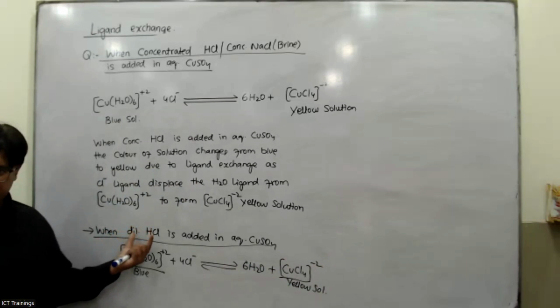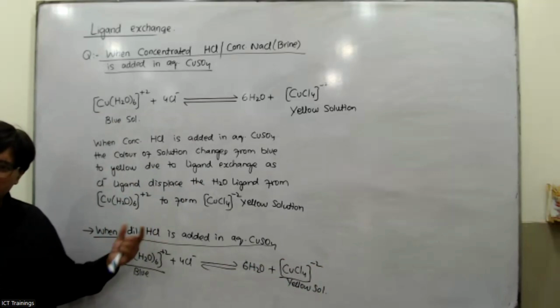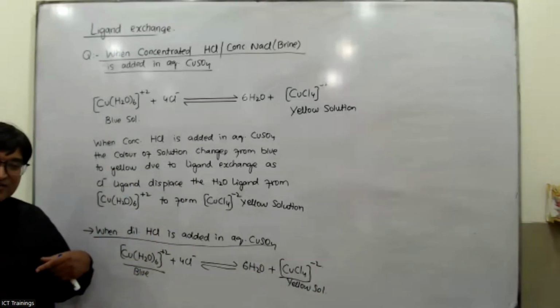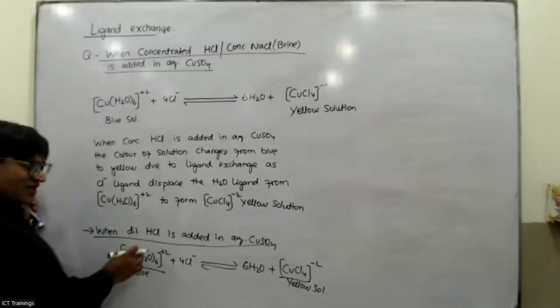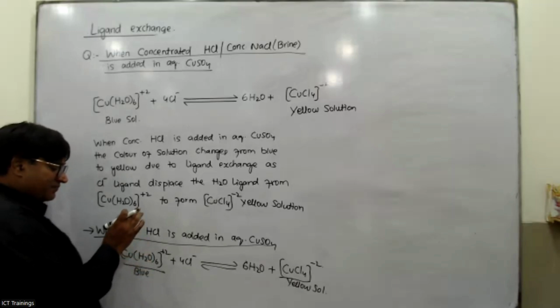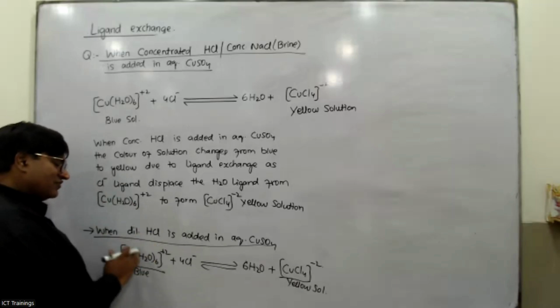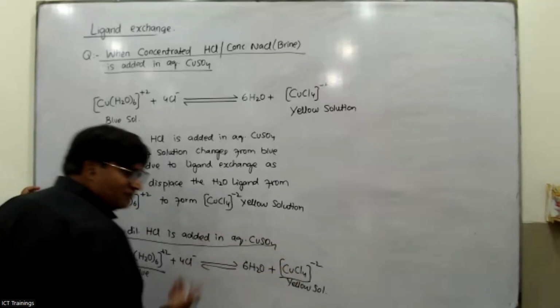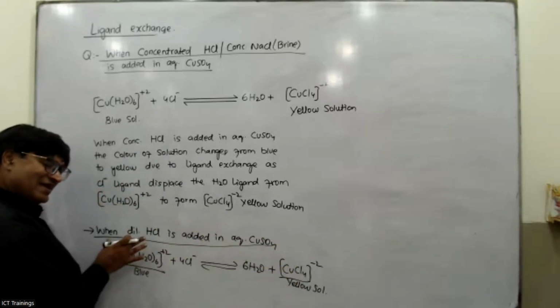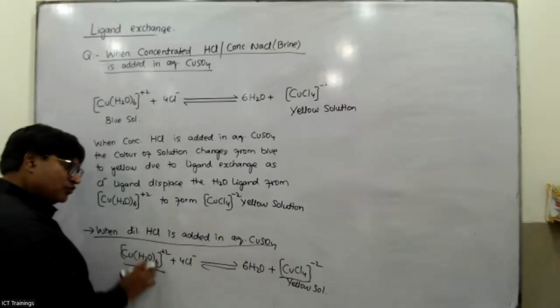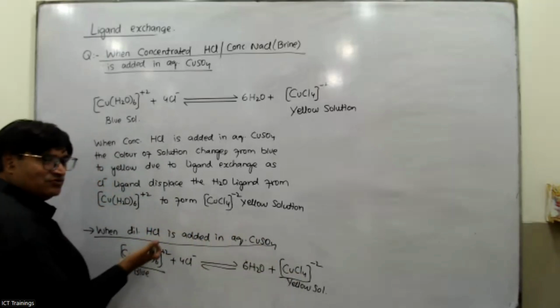In the dilute HCl, the chloride ion concentration is not too much. So some of the complexes would form this yellow complex, and some would remain the blue complex. So blue and yellow are both present in the dilute HCl.